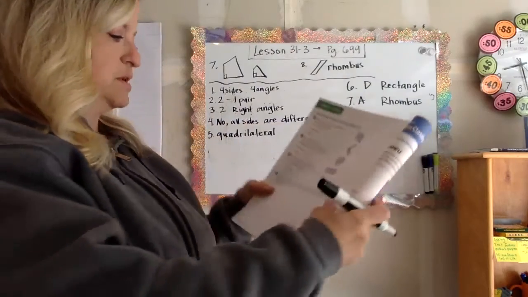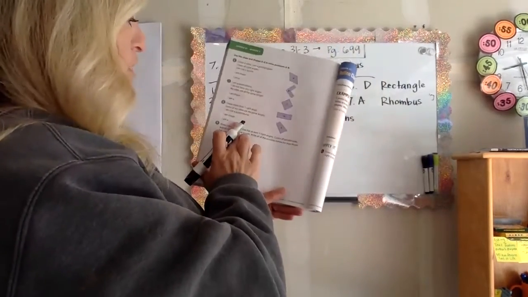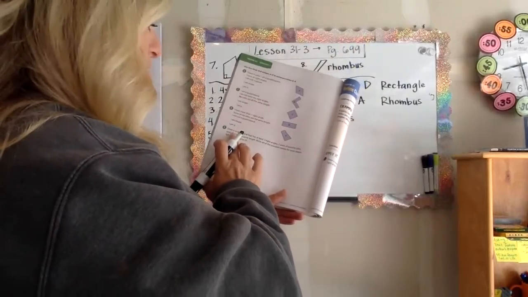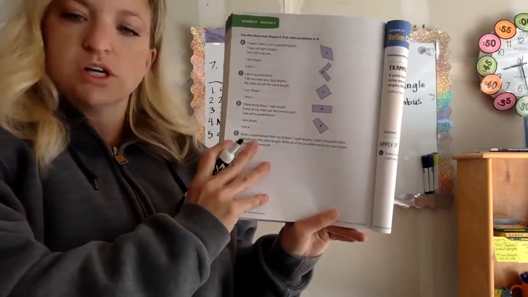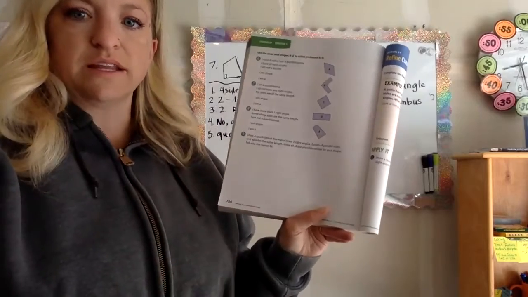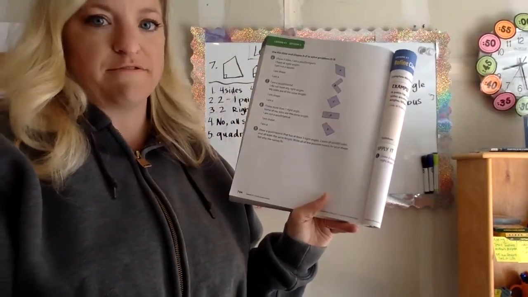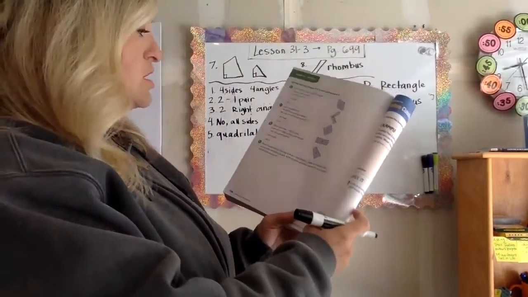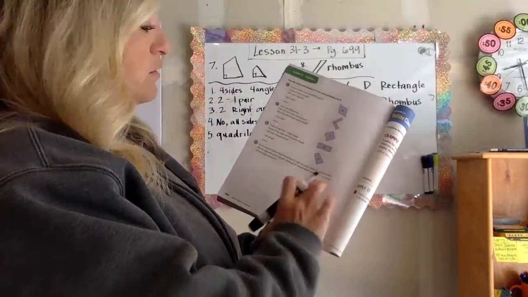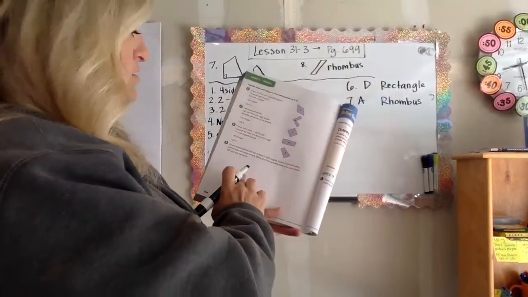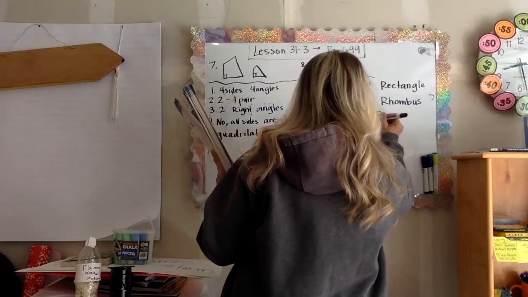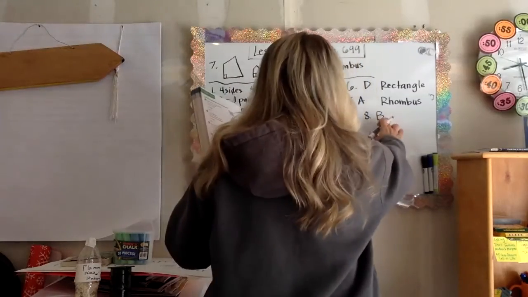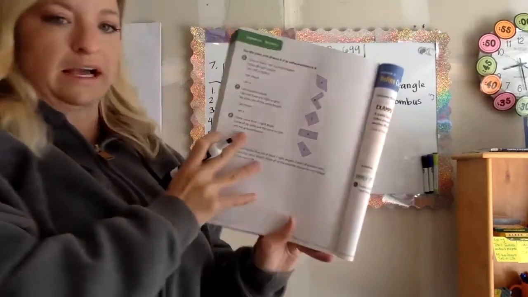Number 8. I have more than one right angle. Okay, some of my sides are the same length. I am not a quadrilateral. We counted the sides and we said that one of them doesn't have 4 sides. It has more. So that would be letter B. So I am shape B. And B is actually called a hexagon.